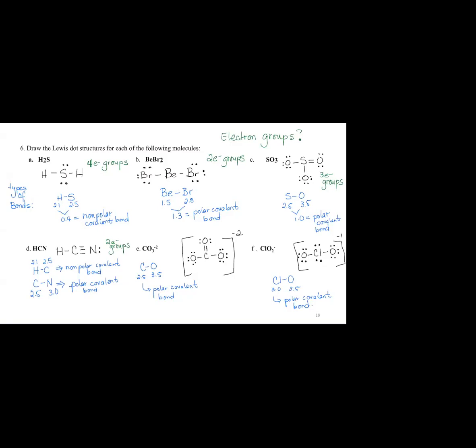How many electron groups around carbon in carbonate? There are 3 electron groups. A double bond, a single bond, and a single bond.